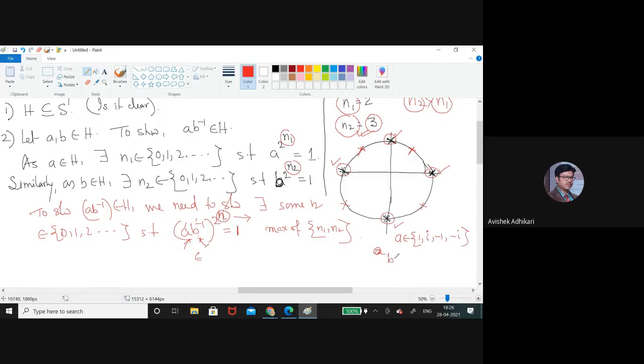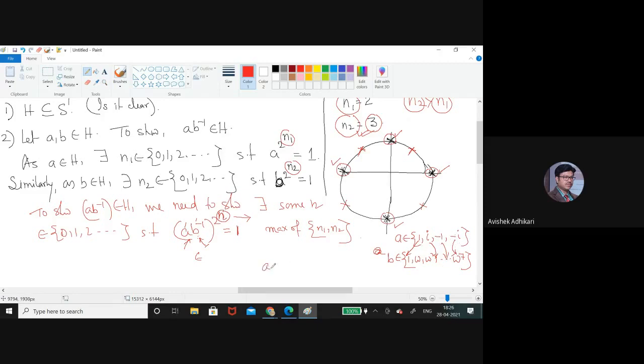And what is the set of B? It has 8 elements, that means say 1, omega, omega square, up to omega to the power 7. But as I just mentioned, some of these, for example, 1 is like this, and some of this i must be somewhere here, minus 1 will also be somewhere here, minus i will be somewhere here within this.